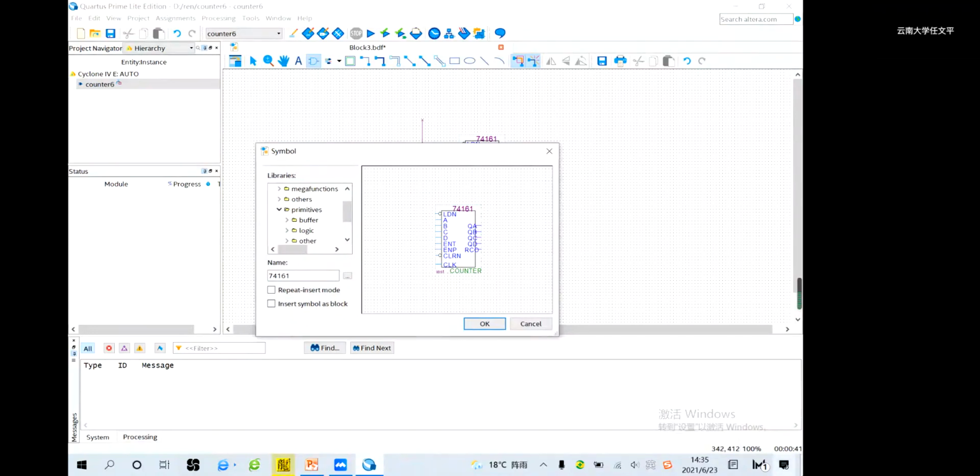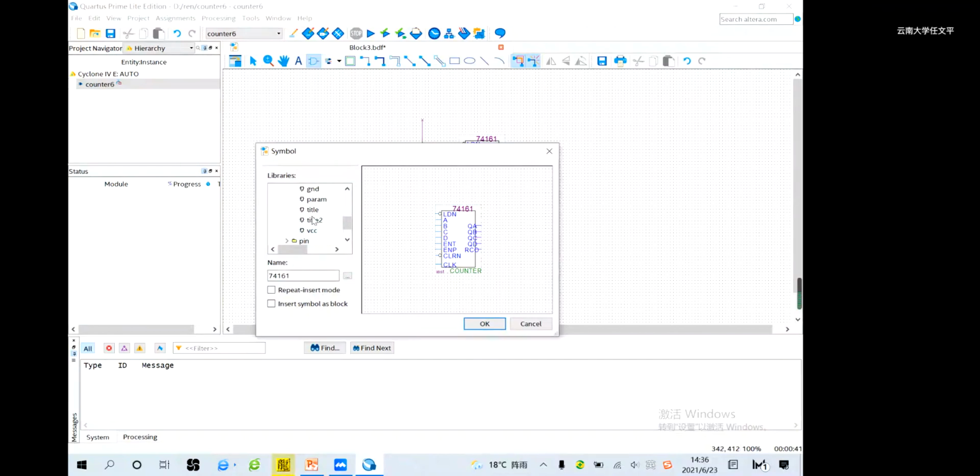If you don't remember the abbreviation of the ground name, you can find the symbol by this method. This symbol is in the primitives library, and the others there are GND and VCC. VCC is power.